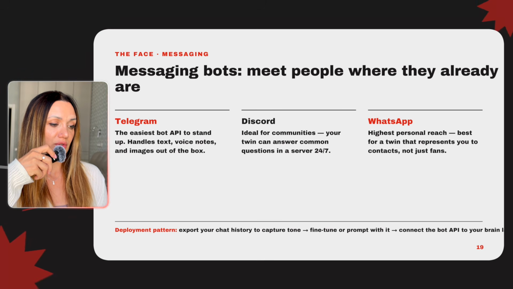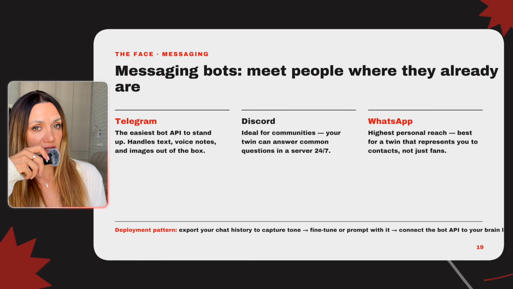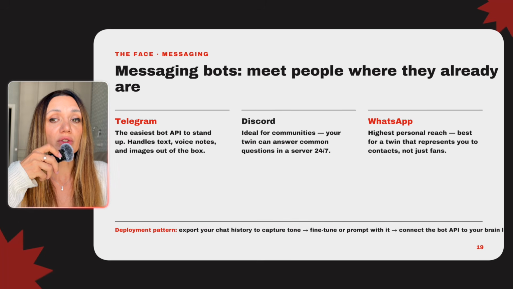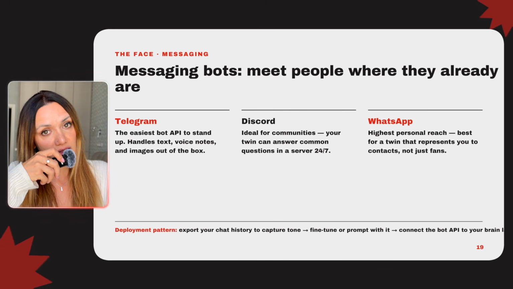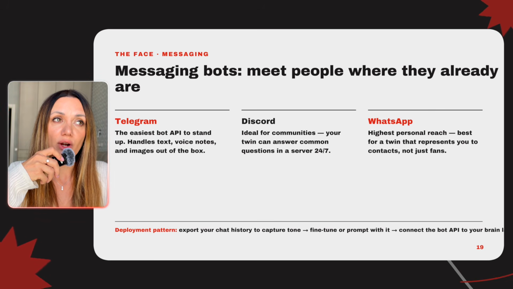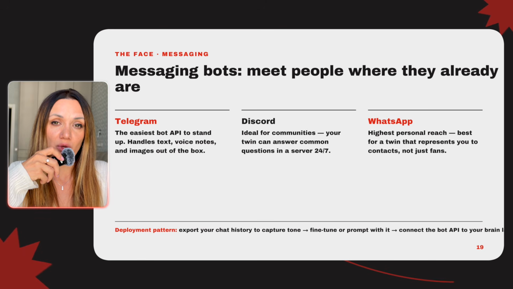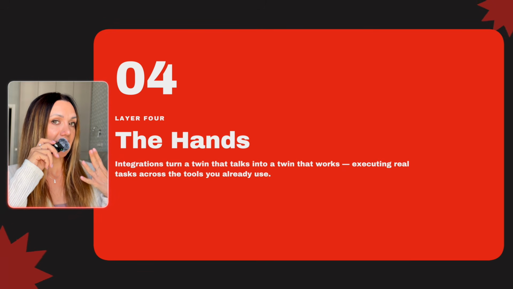So for example, if you are sitting on Discord and maybe your clients are sitting on Discord, will your digital twin talk to all these people? If that's the case, then you're looking for the platform where your audience sits. And if it's mostly for interaction between you and your digital twin, then you might want to have something one-on-one. Now let's talk about the hands.